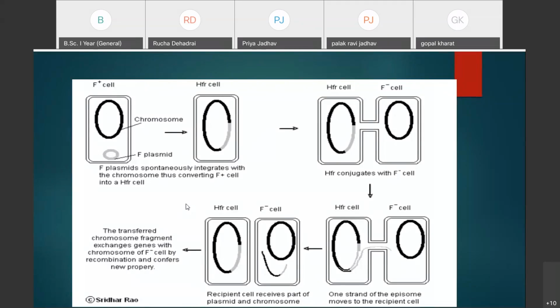And that's why conjugation is very important in increasing the genetic diversity in bacterial cells. Okay, I am repeating this: a relatively higher amount of DNA is transferred in conjugation than in transformation and transduction, and that's why the conjugation method is important in increasing the genetic diversity in bacterial cells. Okay, that is all about conjugation.